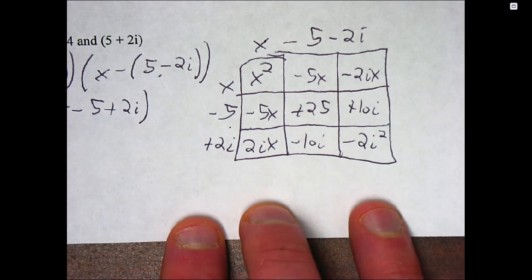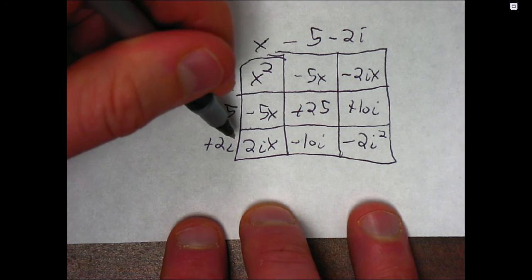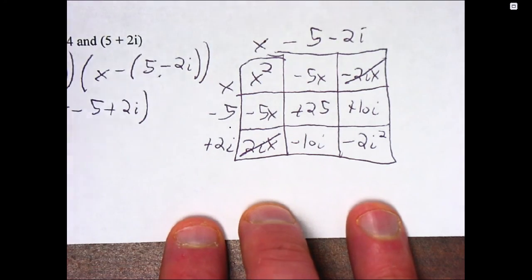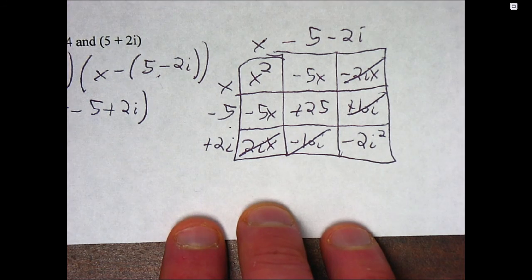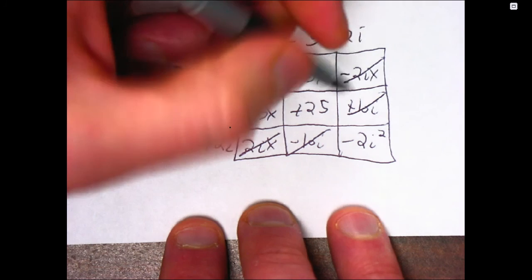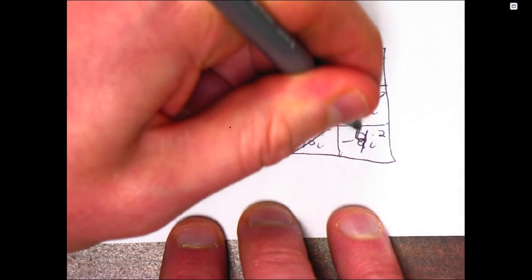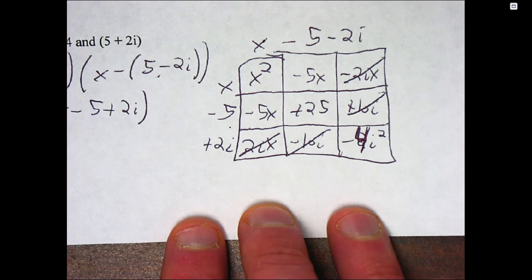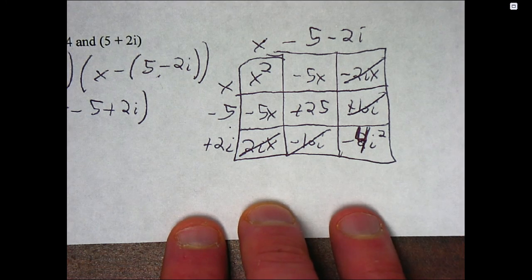So we're now looking for a bunch of stuff to cancel, particularly the stuff with the i's. So 2ix minus 2ix, 10i minus 10i, and then of course i squared, whoops, right as I said, I hope I'm not making a mistake, 2 times 2 is 4, right? So this is minus 4i squared. And so i squared is negative 1.